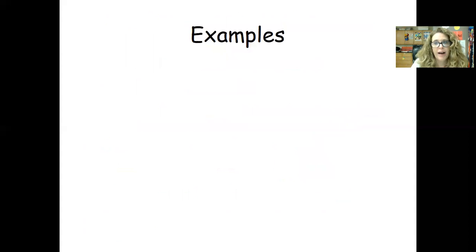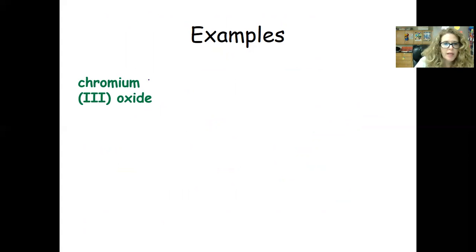So now let's practice. If I tell you chromium Roman numeral 3 oxide, this does not mean there's 3 chromium atoms.